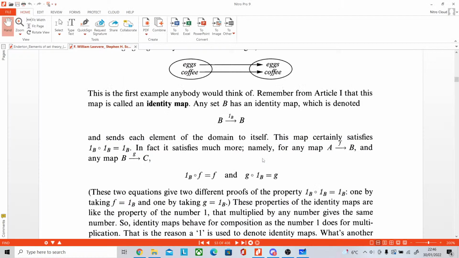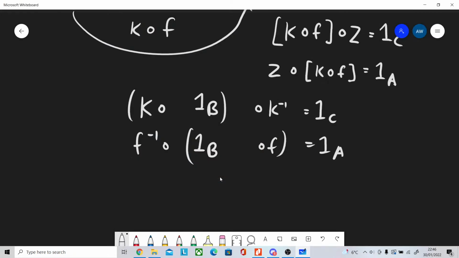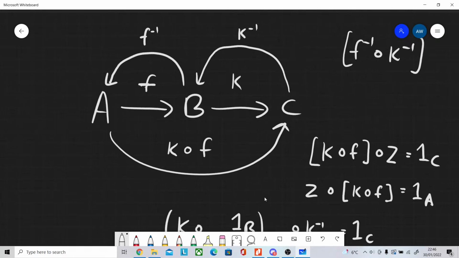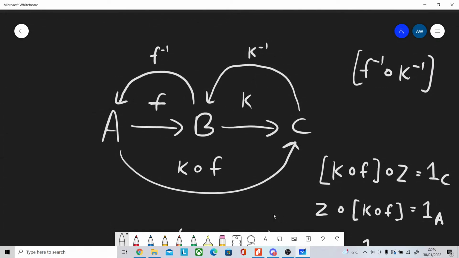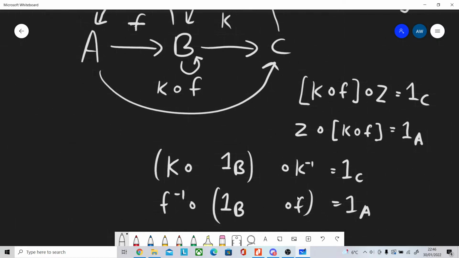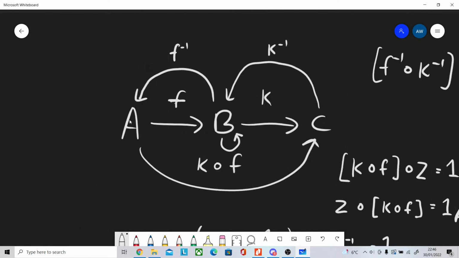So we have 1B F equals F. Let's just verify that again. 1B goes here, like that. And we're doing F first, so A goes to B, that's F, and then B goes back to itself. So F and then 1B is just the same as F.